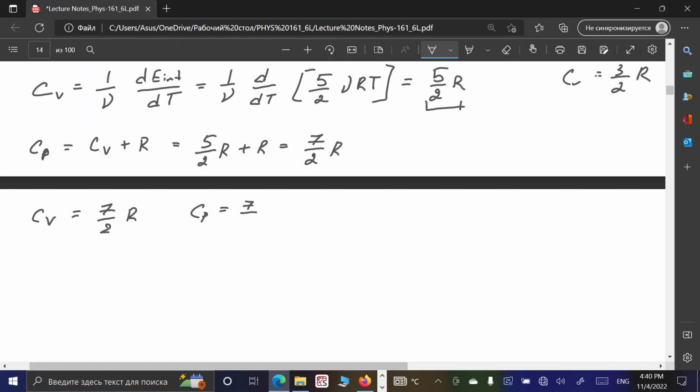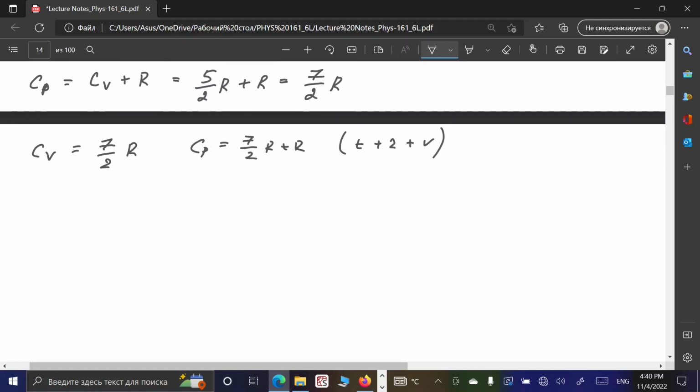Cp will be equal to 7/2 R plus R. That's when we have also vibrational motion on top. So let's say translational plus rotational plus vibrational.